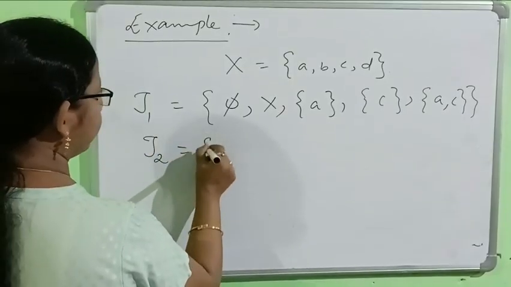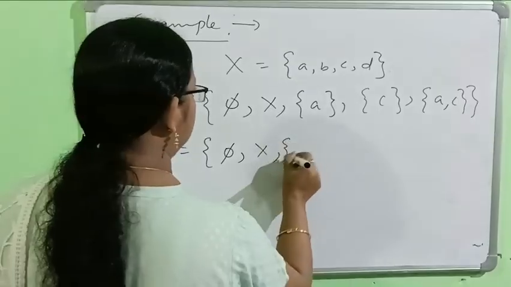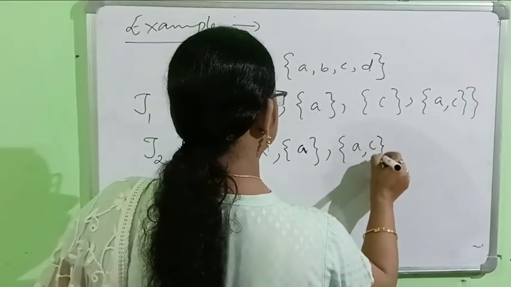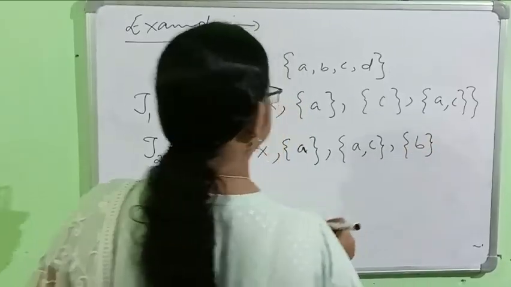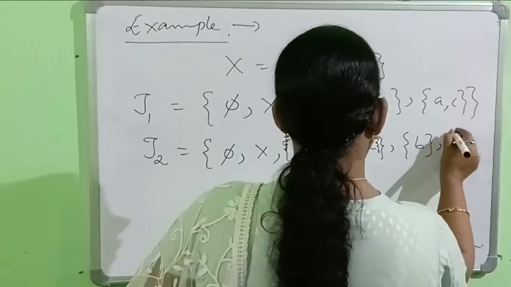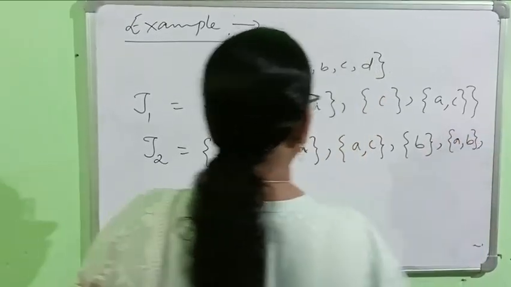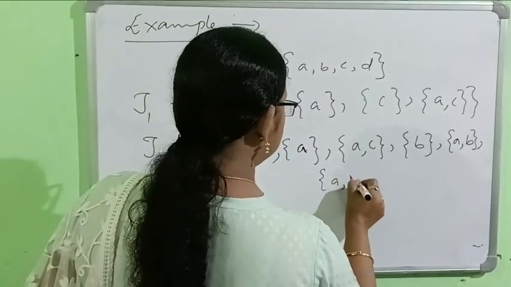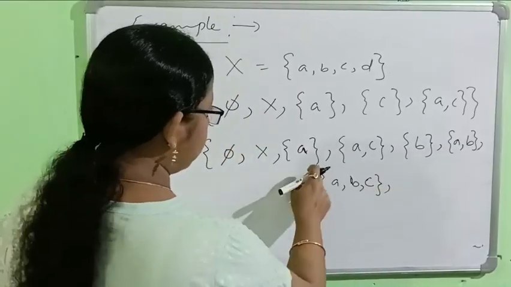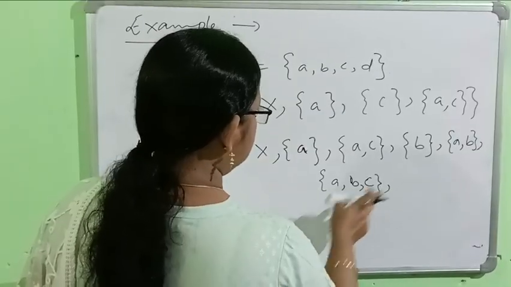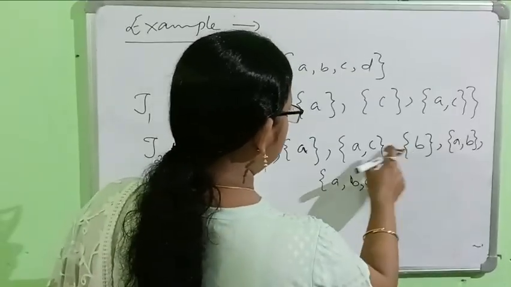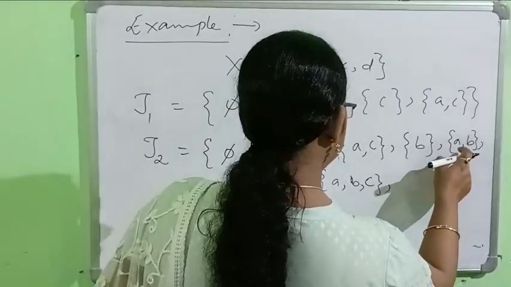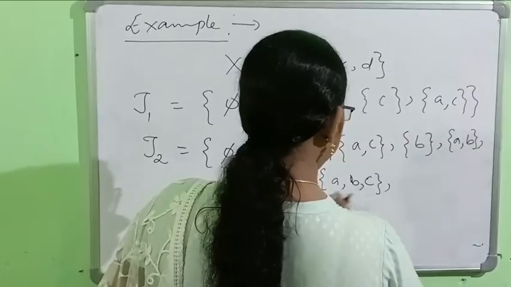Then consider T2, which contains phi, X, {a}, {a, c}, and {b}. Then A union {a, c} union {a, b} will be {a, b, c}.